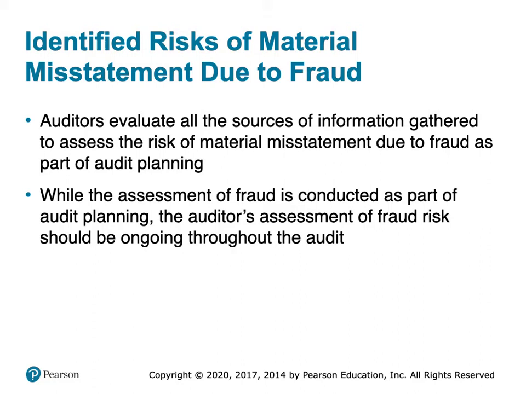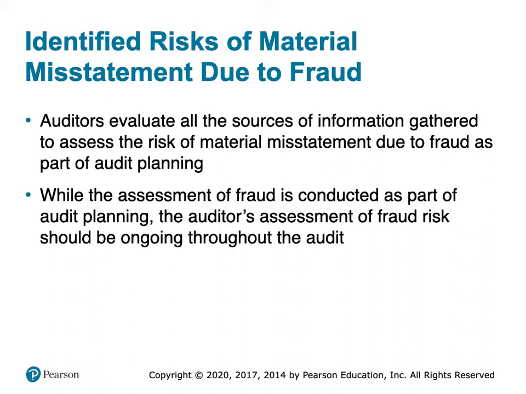And then the assessment of fraud risk, just because it was planned and maybe you said, hey, we don't have a high level of fraud risk in this account, you still should reassess based on the findings of facts that you have during an audit.